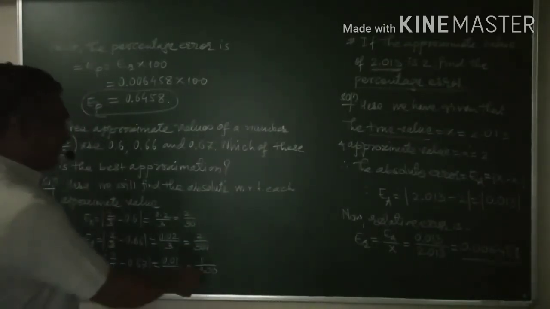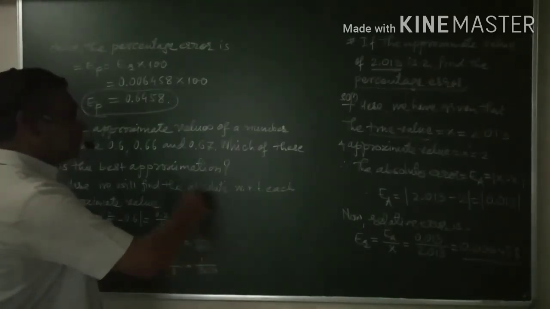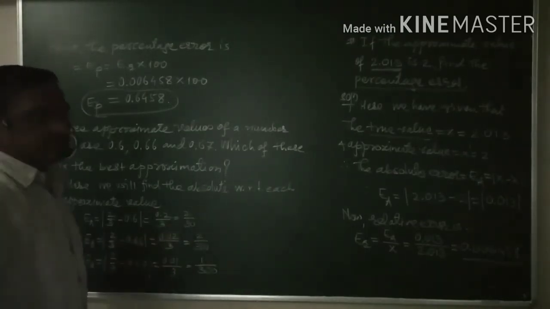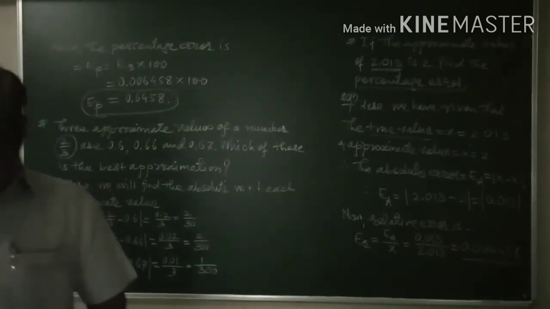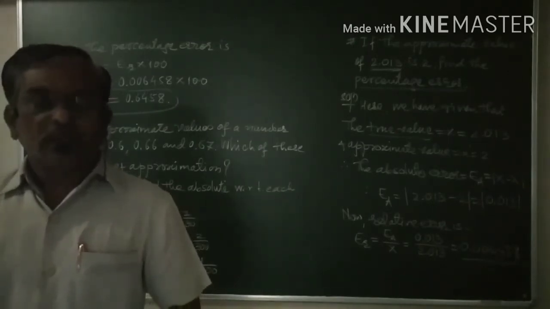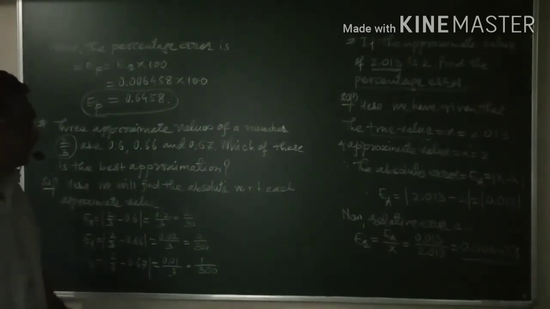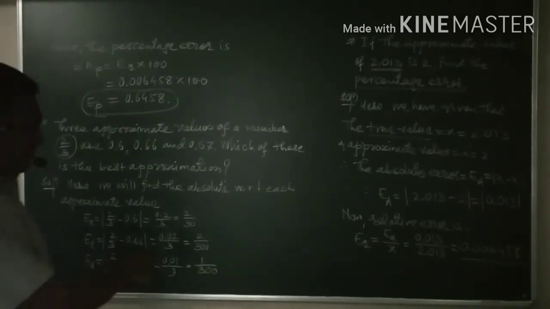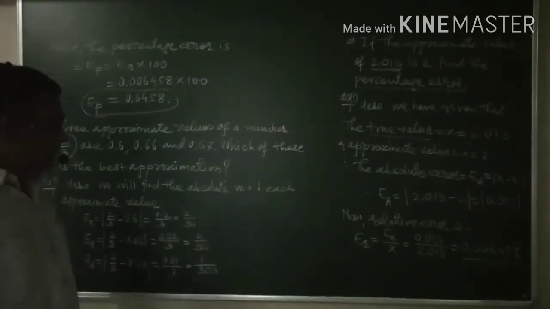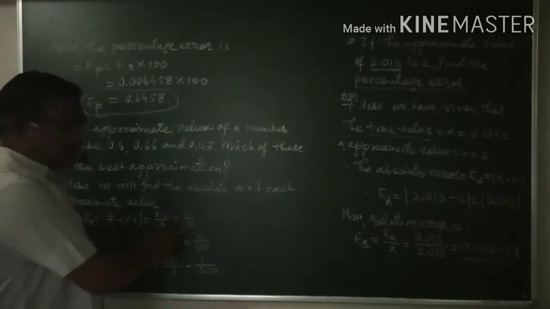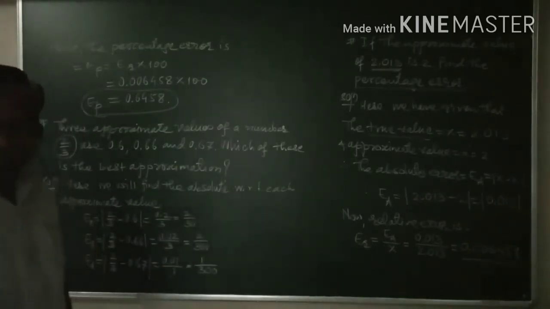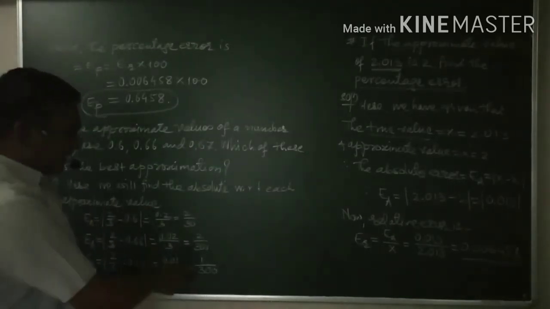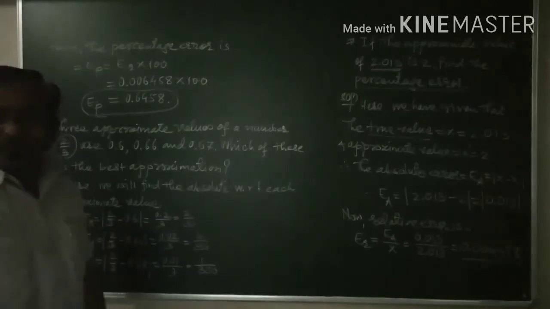Which of these is the minimum value that you need to consider? Who can tell me the minimum value? Whether 2 by 30 is less than 2 over 300 or less than 1 over 300. Which one is the minimum?